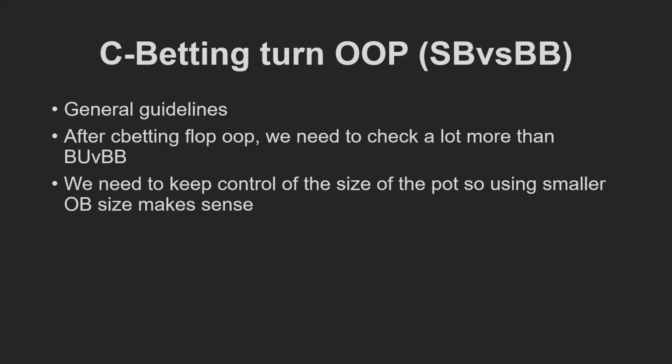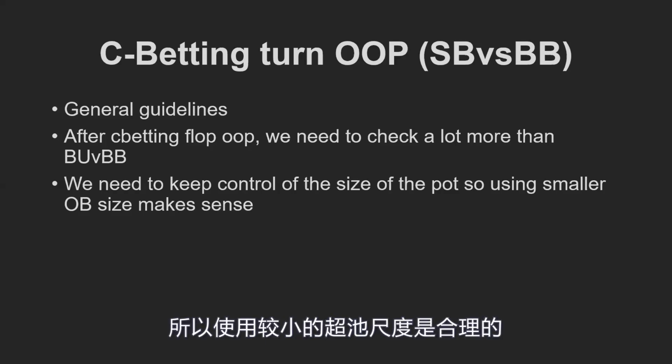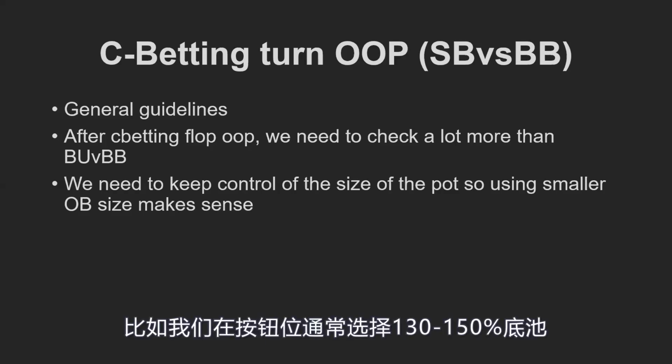August is saying, okay, cool, so we need to keep control of the size of the pot, so using a smaller overbet makes sense. Let's say we talked about using a 130 to 150 sizing when we were on the button.